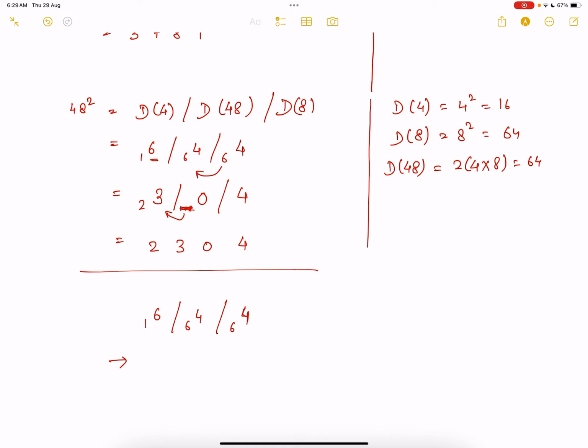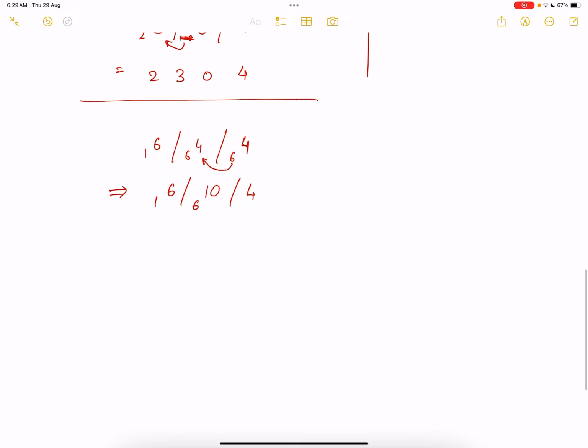So this will become 4, and this 6 goes to 10. Okay. So this becomes 10, and this becomes 6. And this remains where it is. Then further simplifying, 4, this becomes 0, and this 1 gets carried over to 7 and 6, so it becomes 7. And this remains where it is.